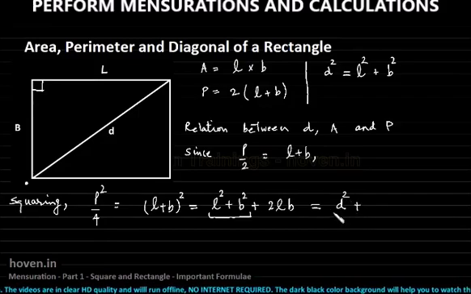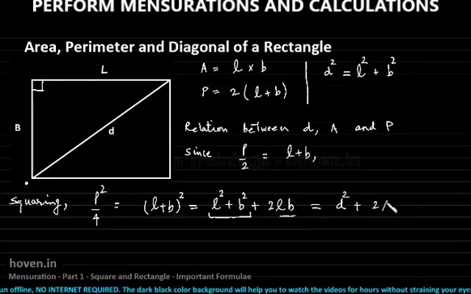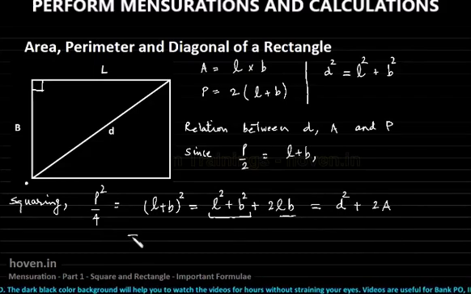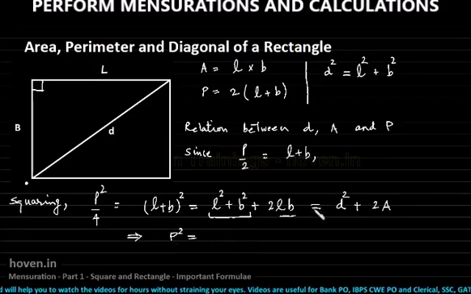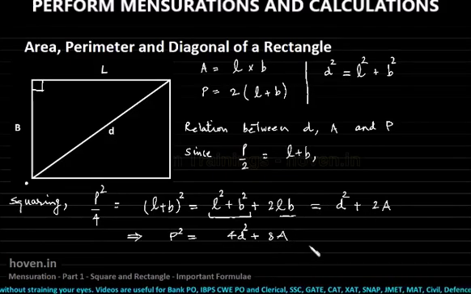We'll write it D square, and this joint thing is known to be equal to the area A. So we can write it as plus 2A. Now we can take 4 to the other side, which implies P square is equal to 4D square, and 4 into 2 becomes 8A.